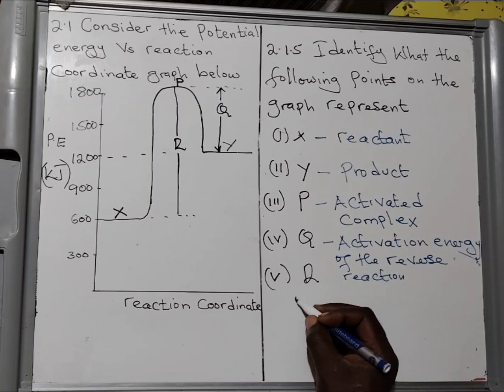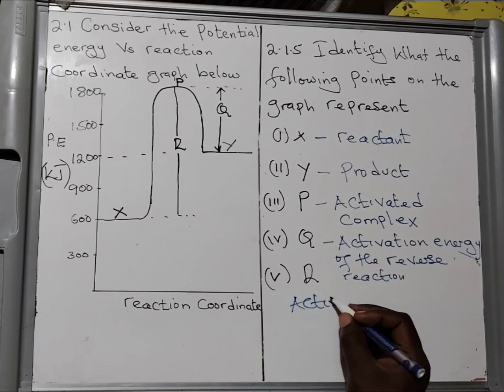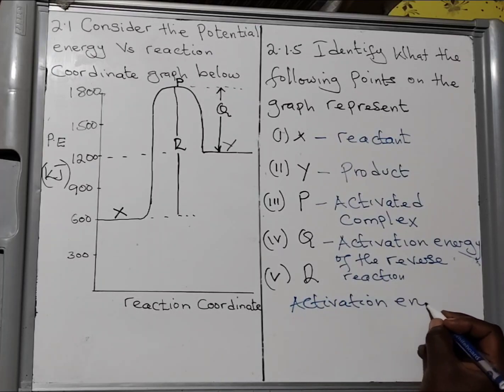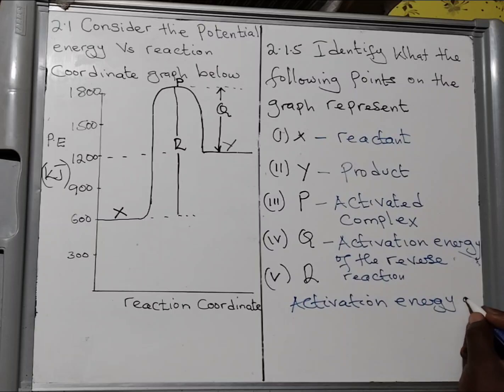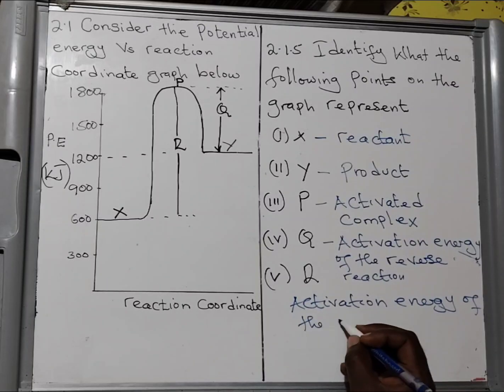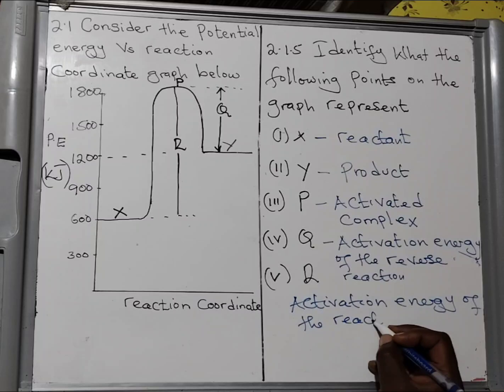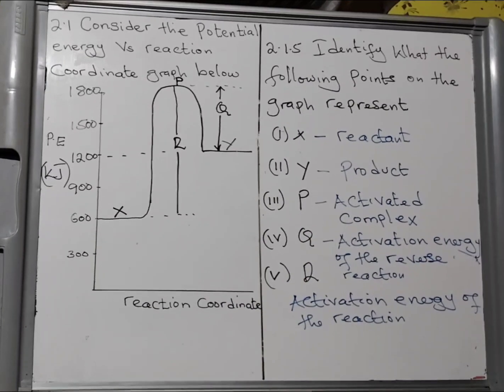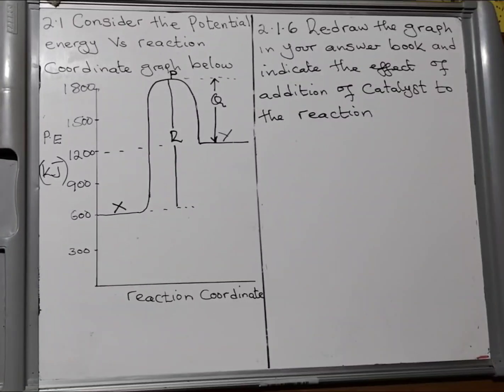R represents activation energy of the reaction. Here you have to know that when you say activation energy of the reaction, you mean activation energy of the forward reaction. So that's how we answer that one. And then the next question comes.